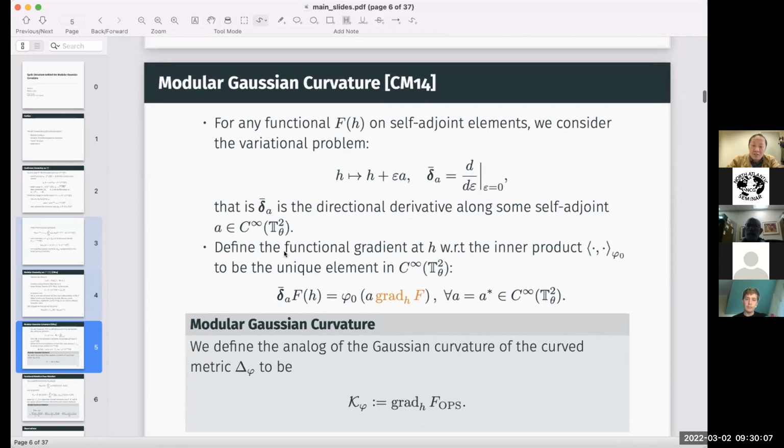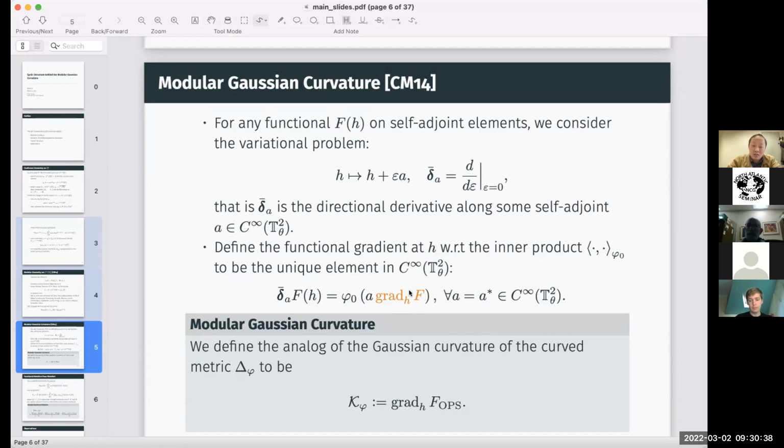We define the functional gradient in the following way. We differentiate this functional, and the result will be a linear functional in A. If this is absolutely continuous with respect to phi 0, and we can prove that, then we call the Radon-Nikodym derivative, which is an element in this algebra, the functional gradient.